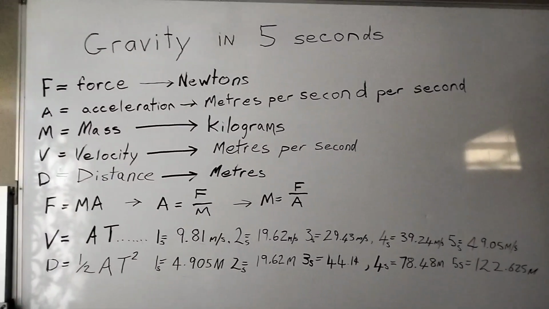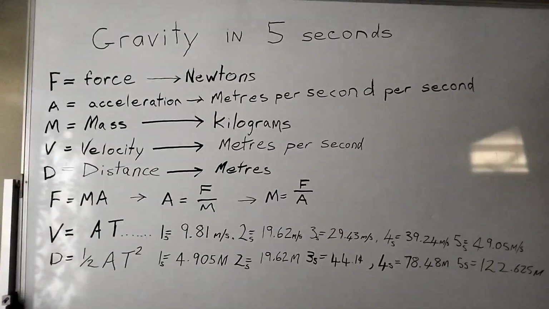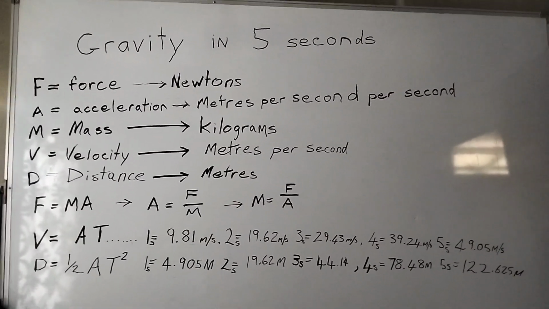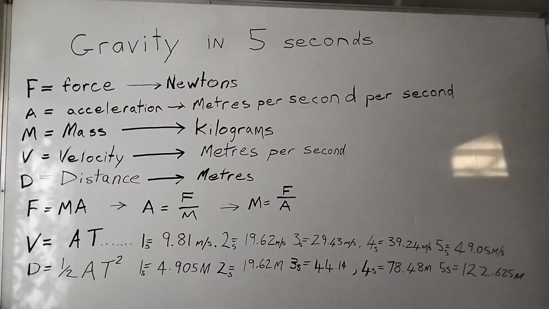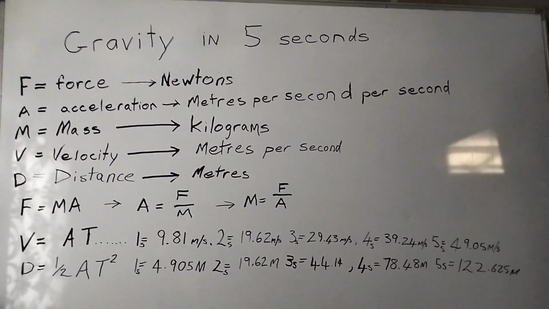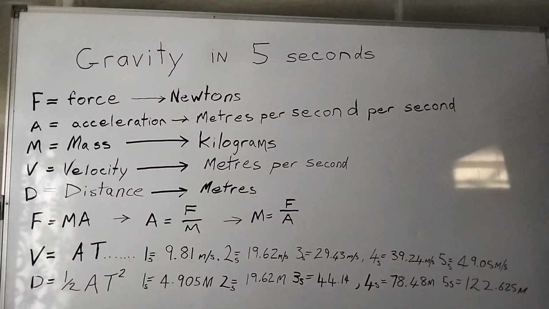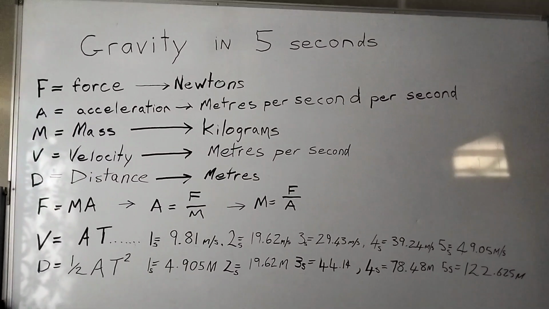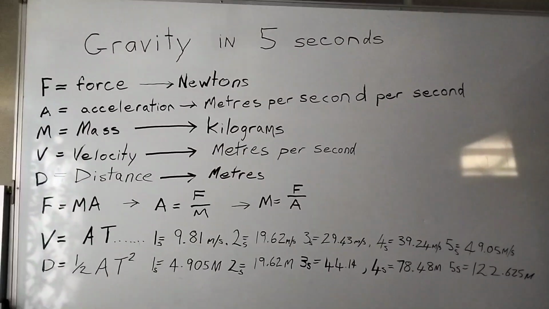So I've given all the values over 5 seconds, graphed them out. You'll see that the acceleration is linear and the actual distance travelled is parabolic. So I hope that clears up everything, and it should make it really easy for you to understand gravity.